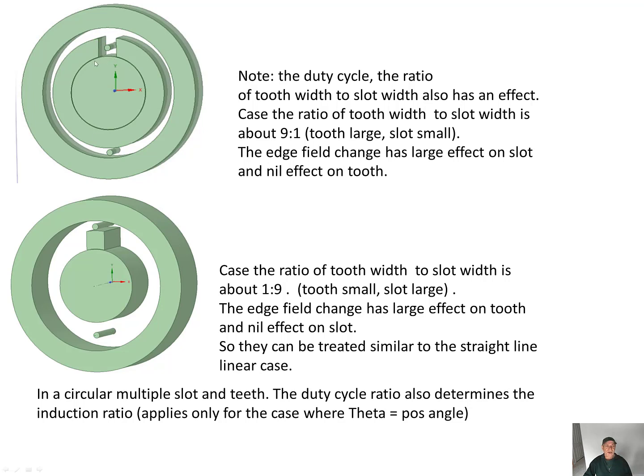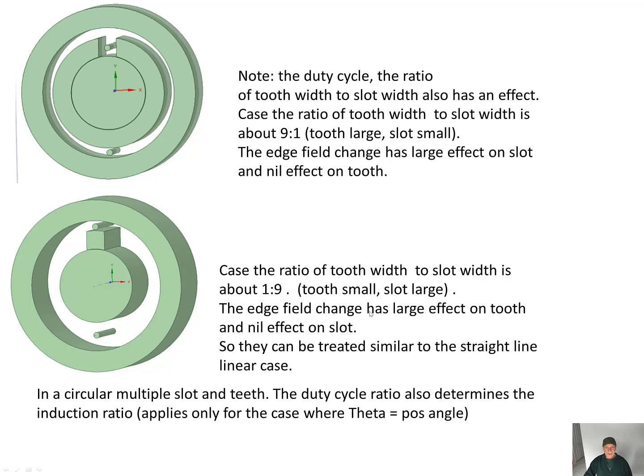So here the voltage induced is almost 100% or 1 unit, and the voltage also there will be almost 100% or 1 unit. In this case here, the ratio of the tooth to slot width is about 1 to 9. Tooth small, slot large, a very large slot.